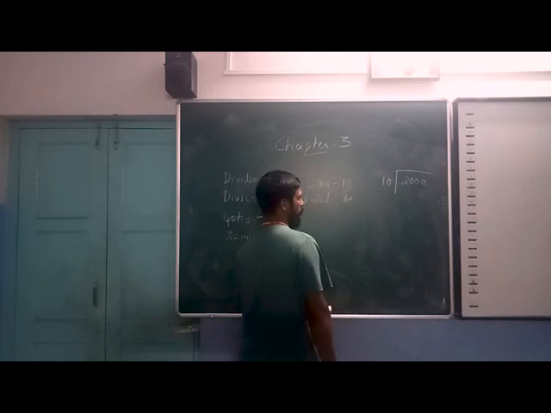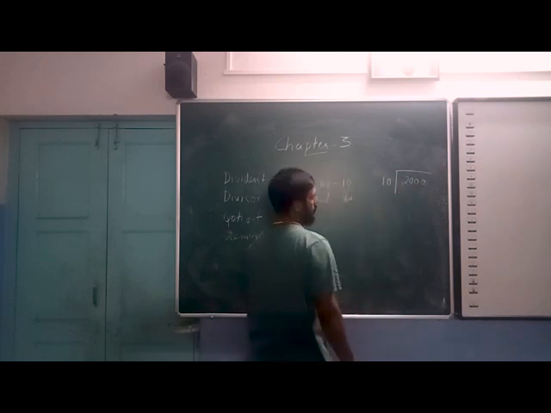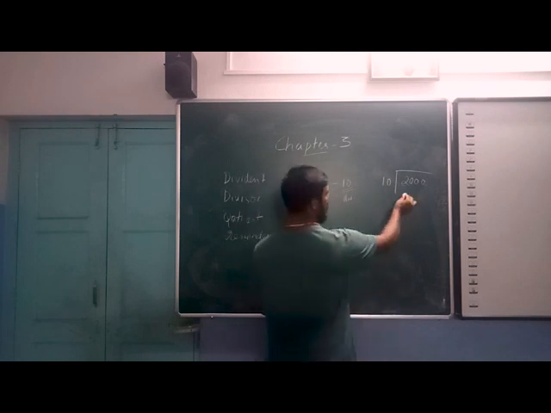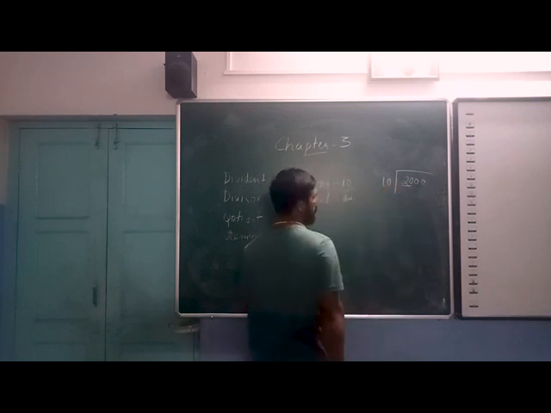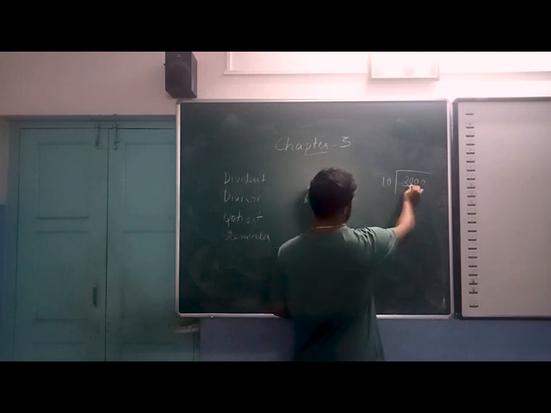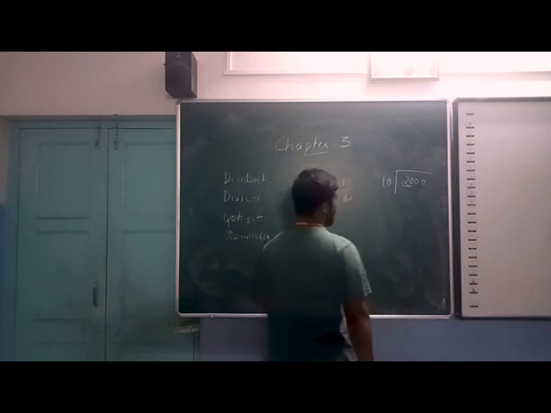Now let us see. First of all, we look into the first digit. Can we divide it by 10? No. So now let us take the two-digit number. Since it is a two-digit number, it is easier than if you take all the numbers together.